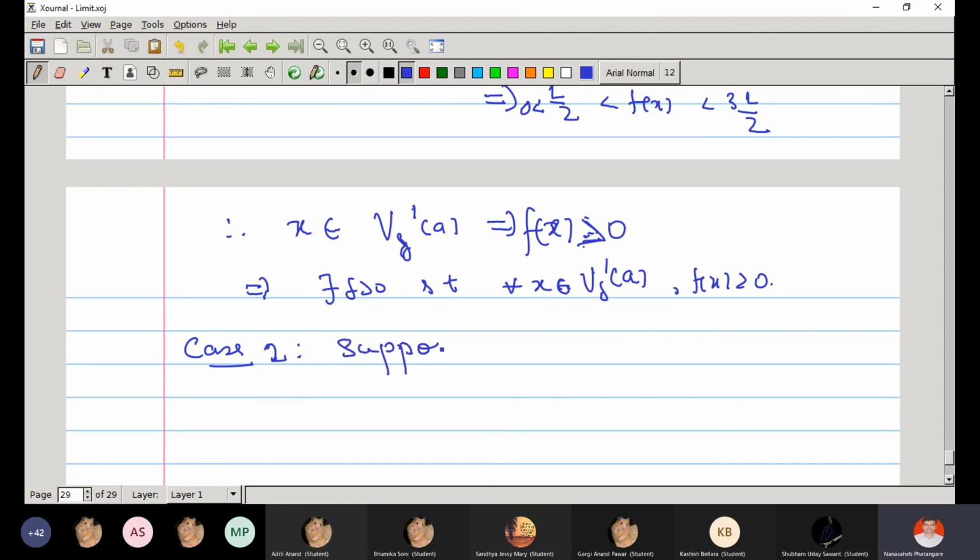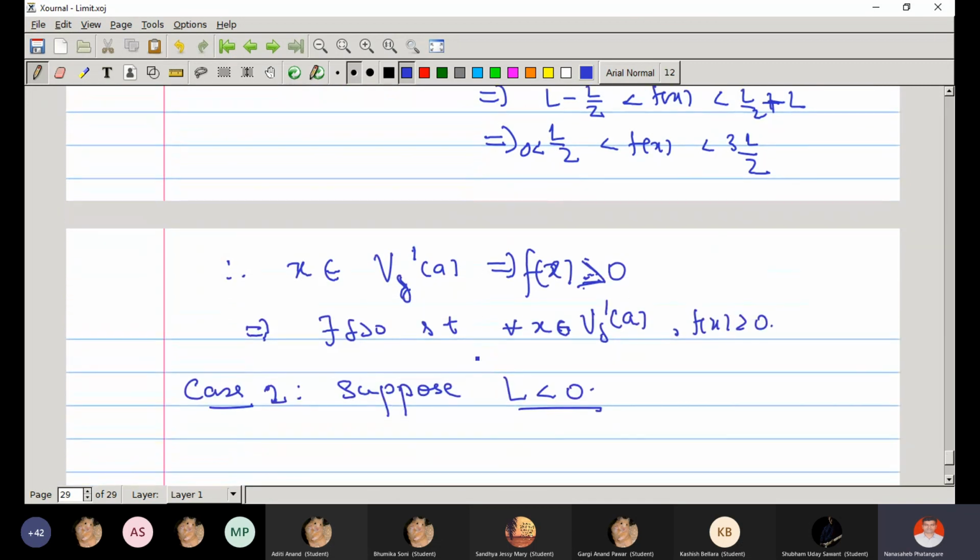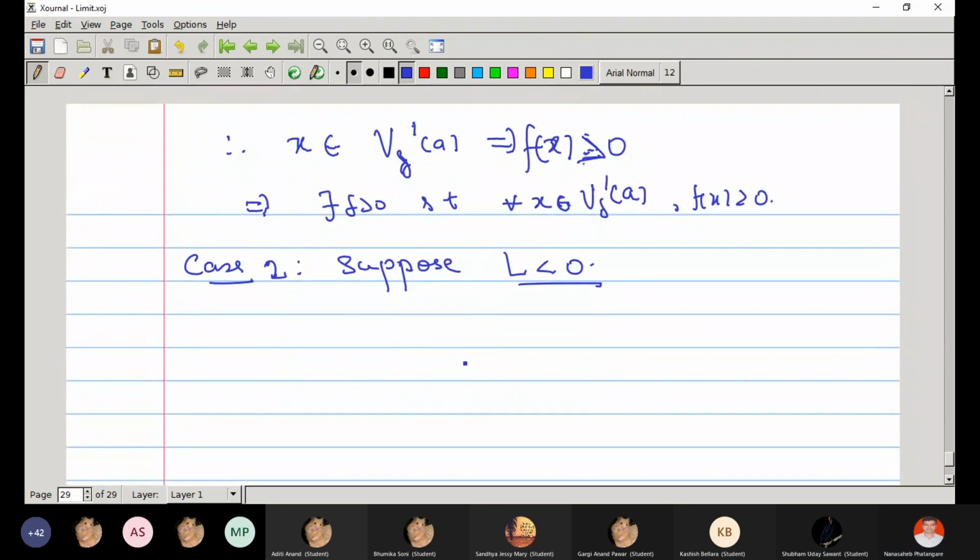Similarly, what is the second case? L is negative. If L is positive, the limit is positive, and there is a neighborhood in which the function is positive. If L is negative, what should we claim here? What is the claim?